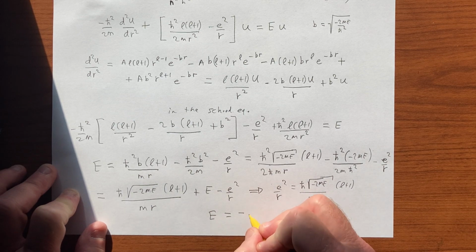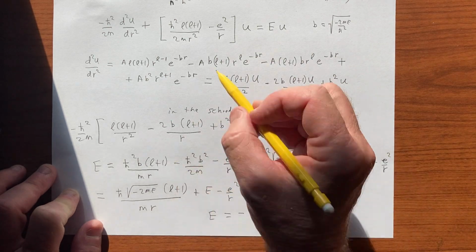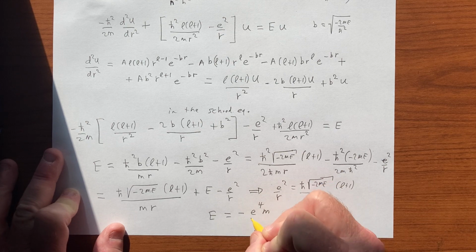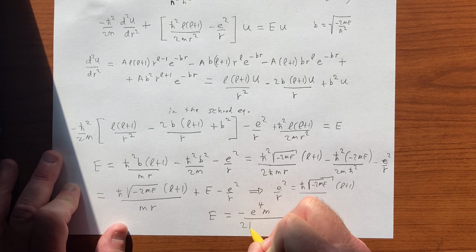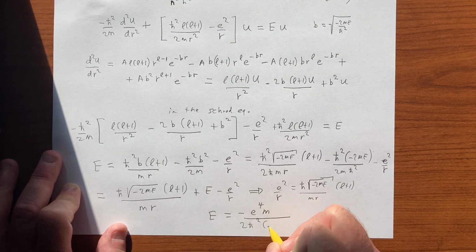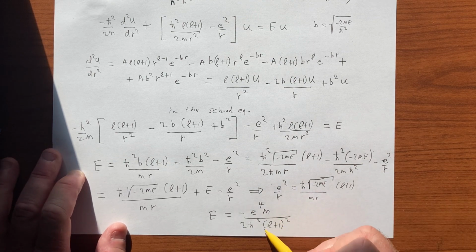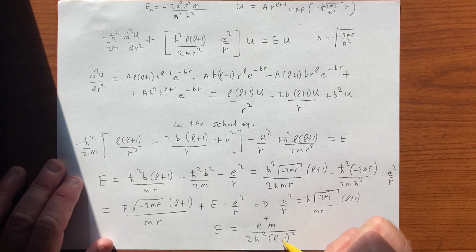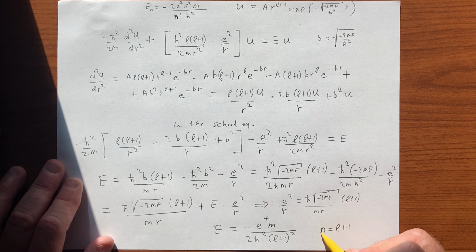E becomes minus e to the fourth, like we saw at the beginning, e to the fourth, times the mass, over 2 h bar squared, L plus 1 squared. So that's the n term that we saw there. So this is telling us that n is equal to L plus 1, and so L is n minus 1. There's a constraint there between the two quantum numbers.